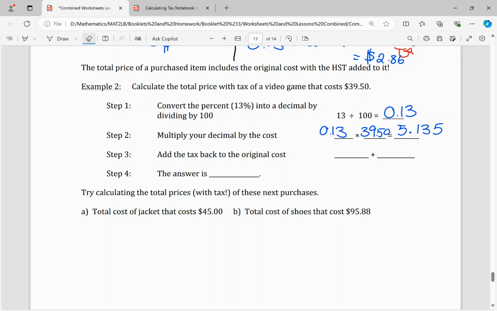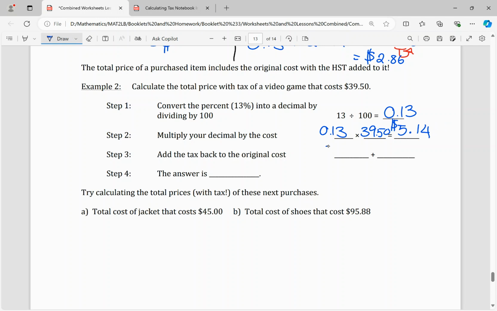Now, if you're getting really good at rounding, which hopefully you are, you can just round this before you write it down, right? You don't need to write 5.135 if in your head you recognize it is just 5.14. So $5.14, that's the extra amount.